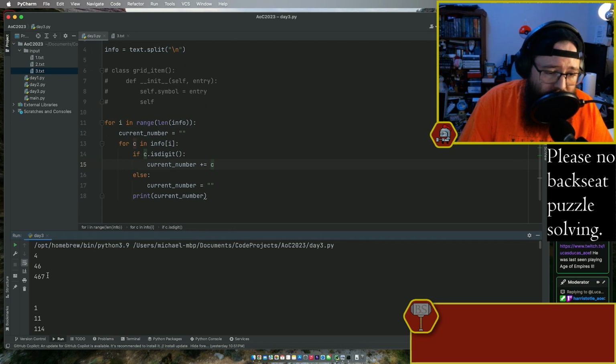Okay, so this is building the number 4, 3, 5, 6. Okay, so we're building up each of the numbers.